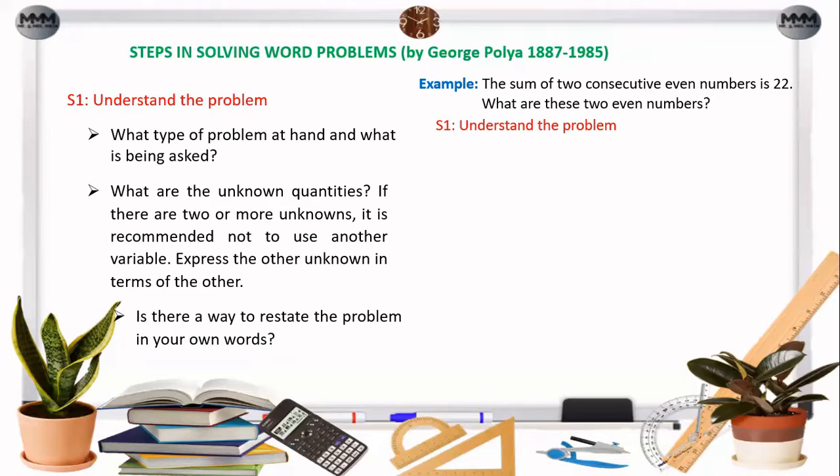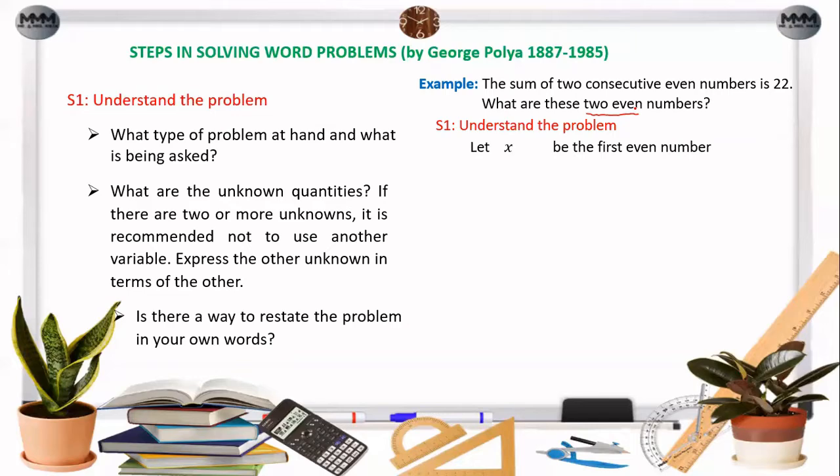So here, because we are to find 2 even numbers, we can represent the first even number by x. Actually x is a representation of any number. Now in this problem, we can represent x as the first even number.